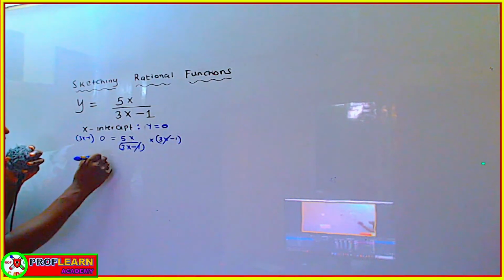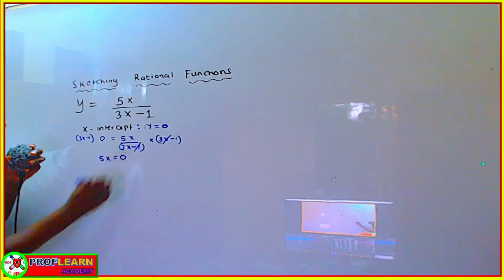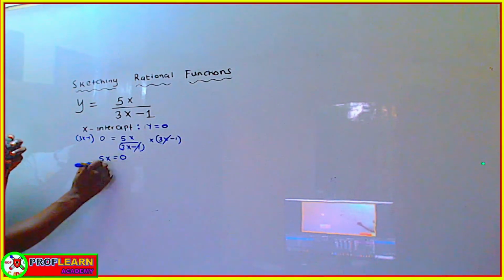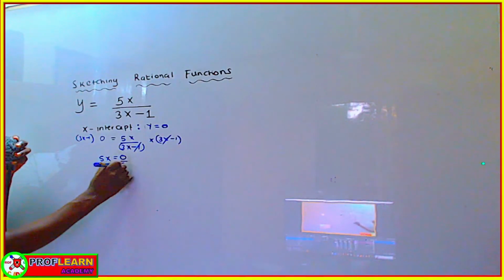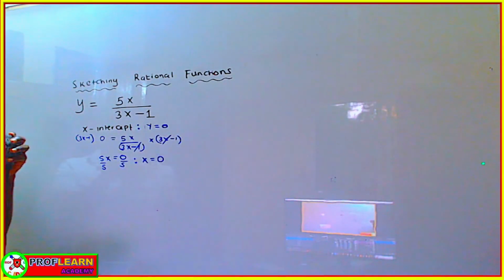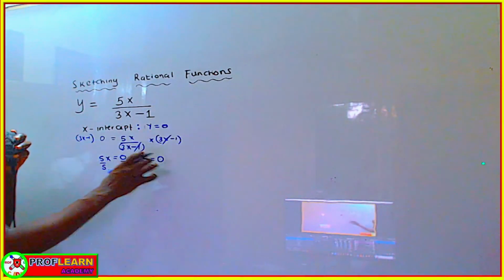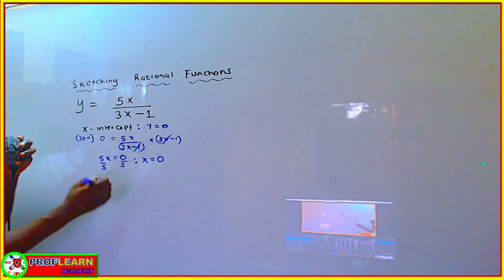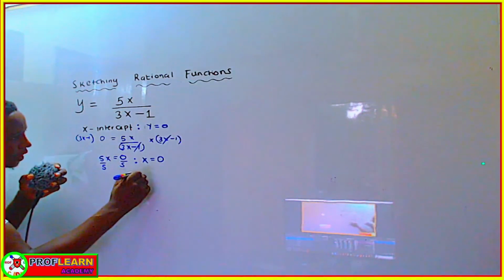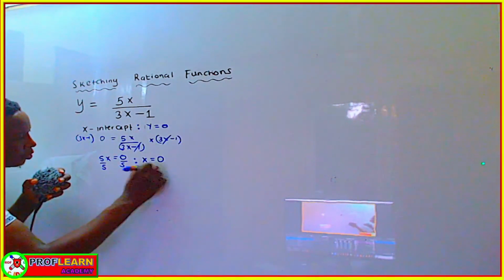We end up having 5x equals 0. If we divide by 5, this implies that x is going to be 0. So at the x-intercept, x is 0, meaning the coordinate for that point is (0, 0).